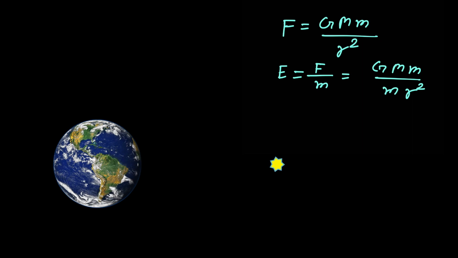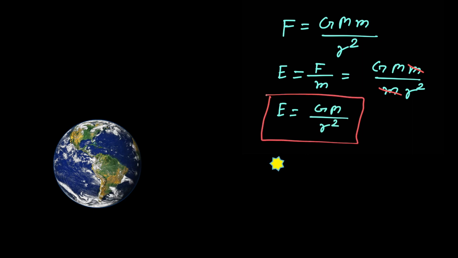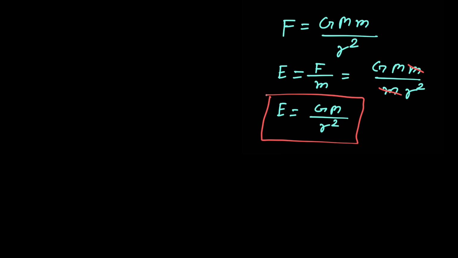If we cancel the object mass m, then gravitation field strength E becomes GM / r². The quantity E is called gravitation field strength, which depends on the mass of the massive body which has created the field.